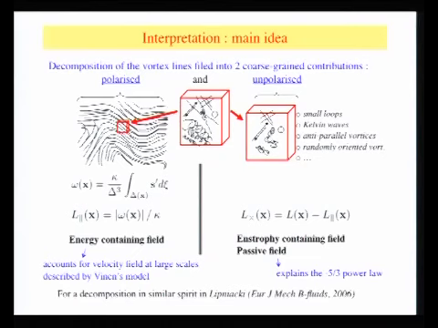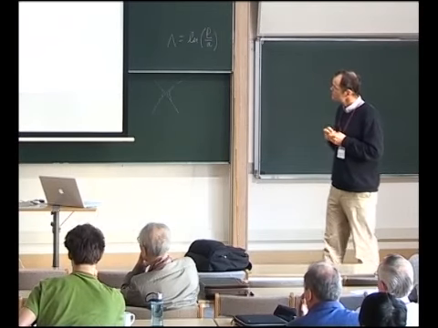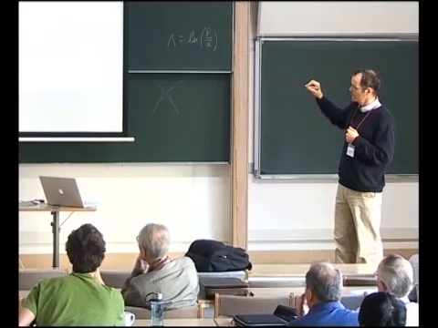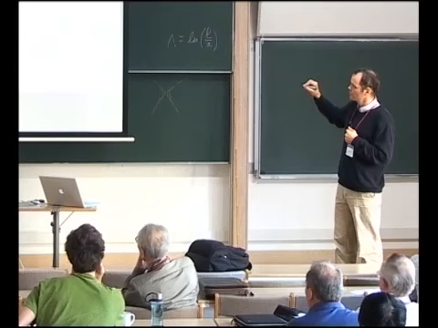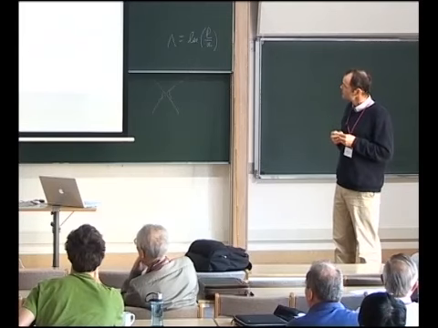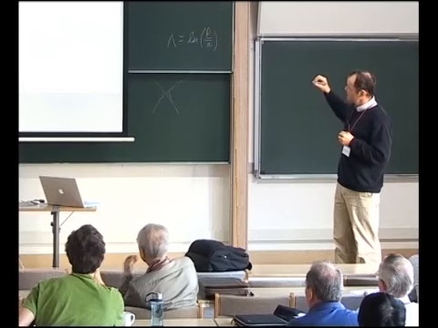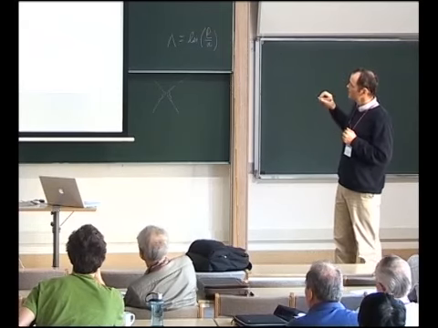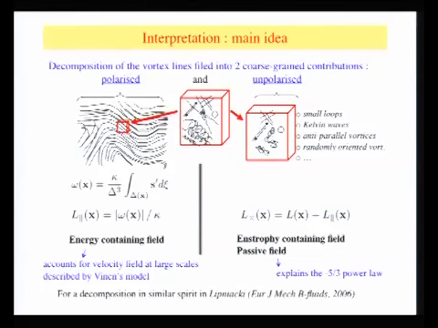So we want to decompose the vortex tangle into two contributions. One in which we put all these unpolarized structures, and the other in which we put the mean polarization of the box. This can be done precisely and rigorously by a coarse-graining procedure, in which we define the polarization in the box by looking at the average of all the vortex lines, and from this we can define the vorticity, and to this vorticity we can associate an effective vortex line density.